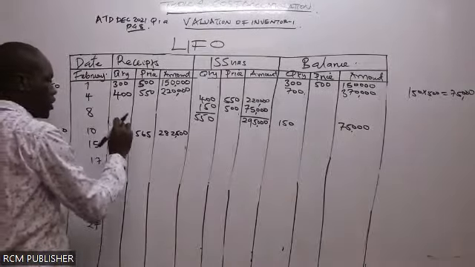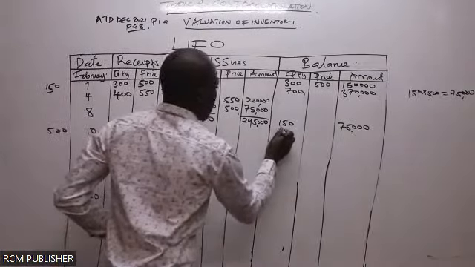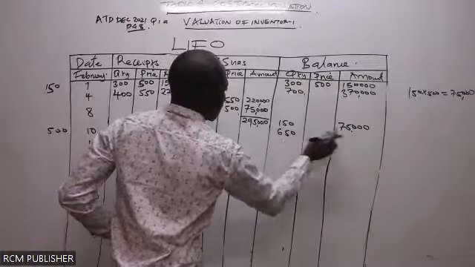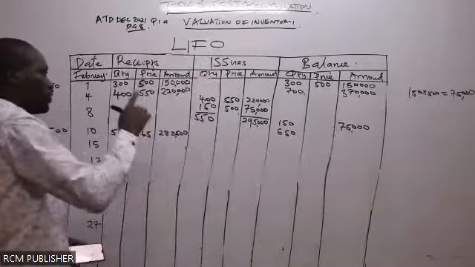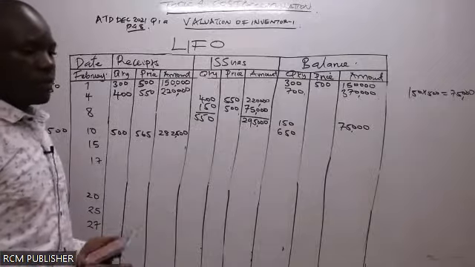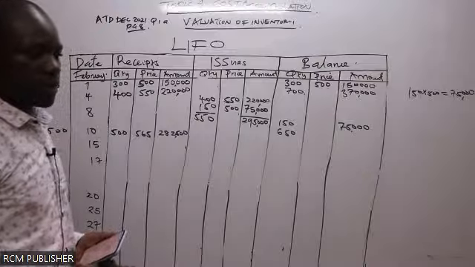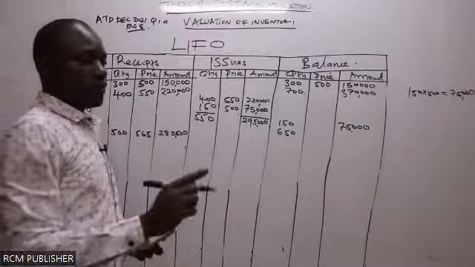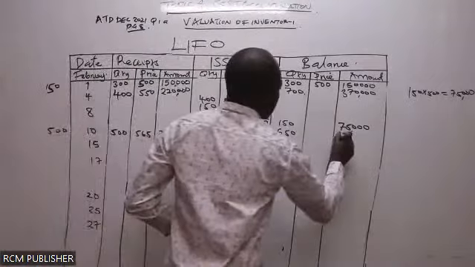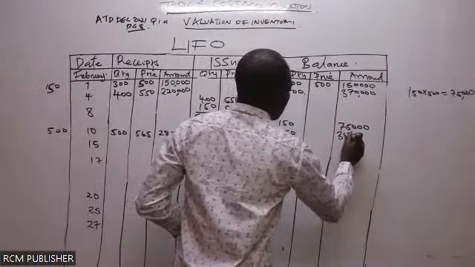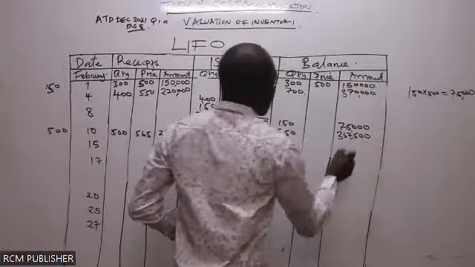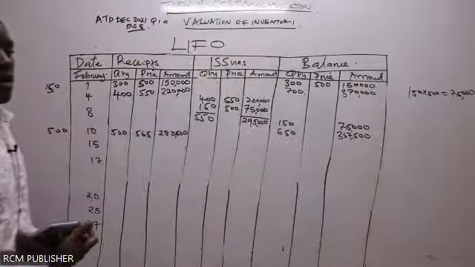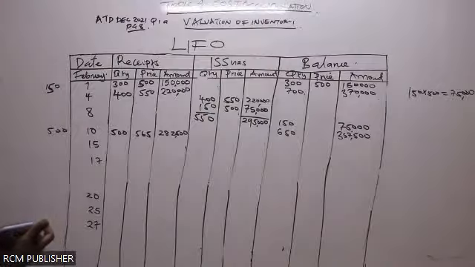In terms of quantity, I now have 650. In terms of value, 82,500 plus 75,000 is 157,500. That is what we have.